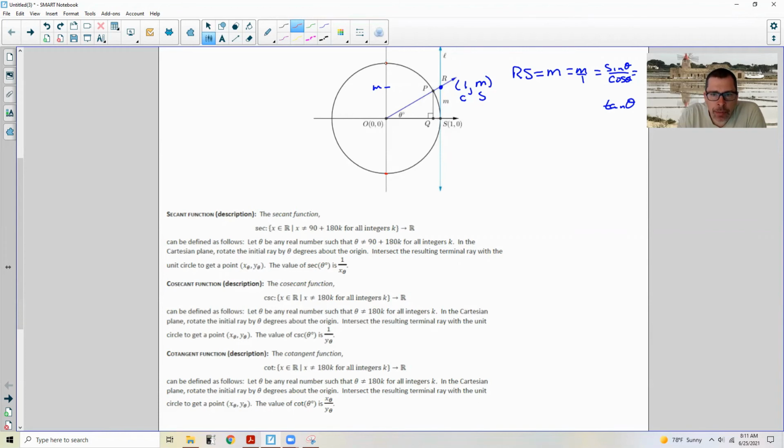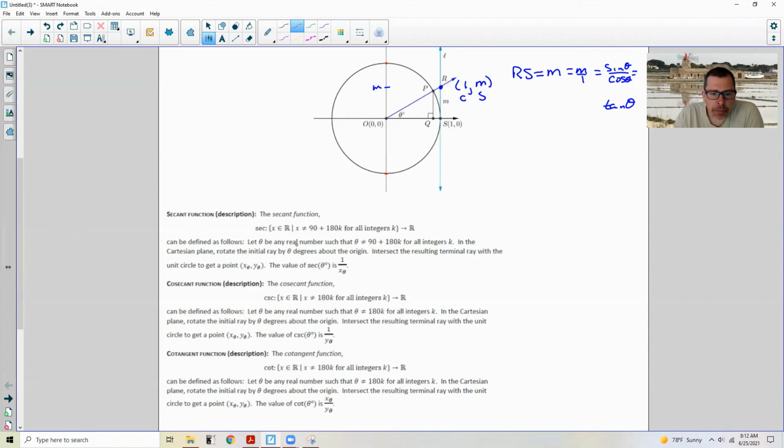So in other words, when I'm at the point 0, 1 or 0, negative 1, x cannot be there. We cannot let x equal 1 or negative 1. And the only way we get that is when the value lands at 90 or 270 degrees. Okay?